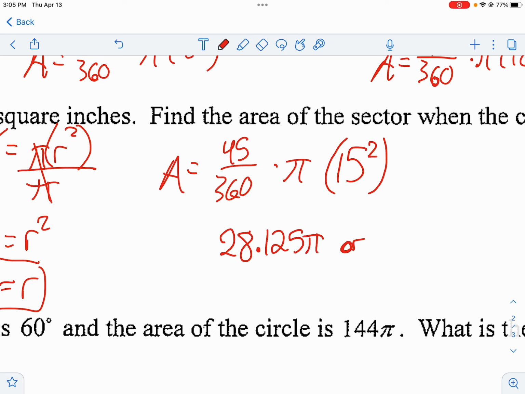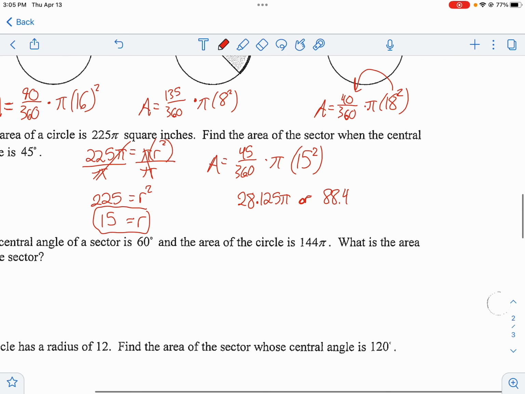Or if I want that in nearest tenth form, I would multiply by pi, and I would get 88.4, and that would be in inches squared.